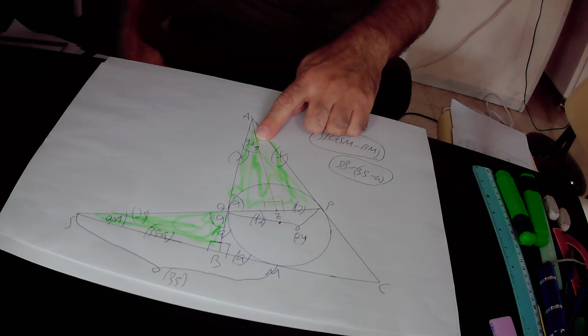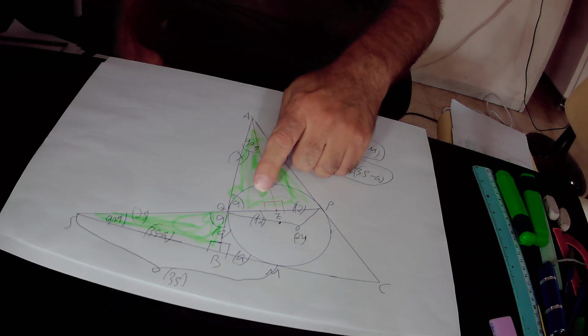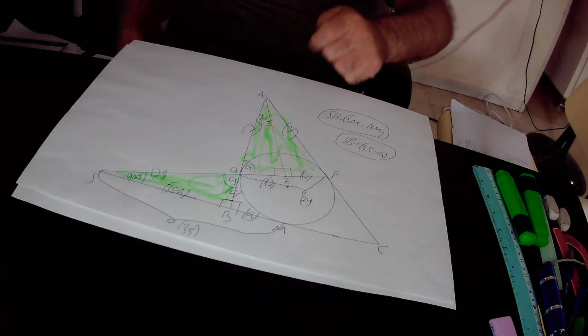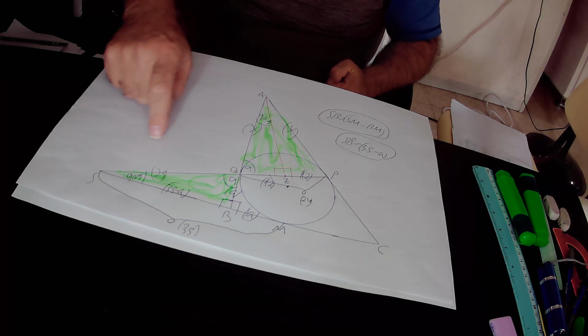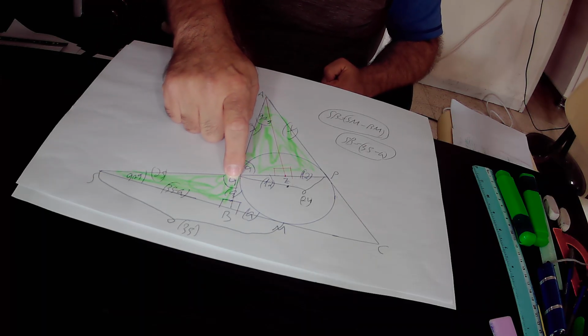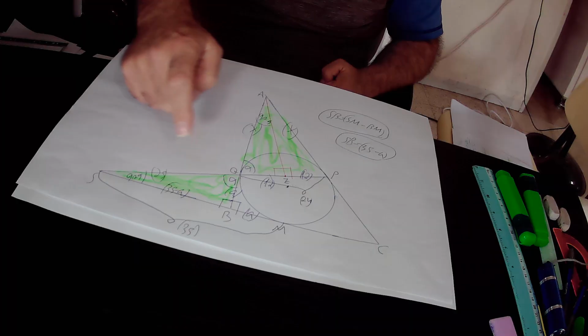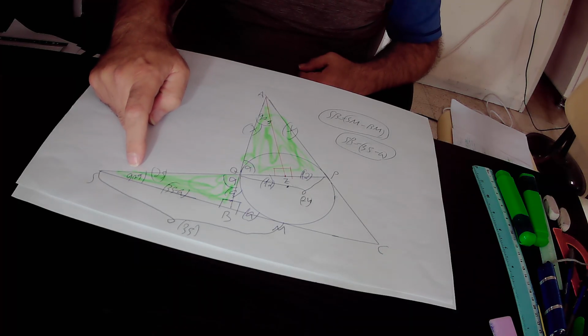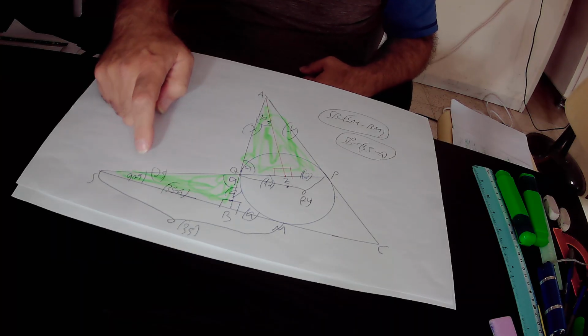Why? Because 90 degrees minus alpha plus alpha is 90 degrees, and 90 plus 90 is 180 degrees, the sum of the angles in any triangle. Likewise, in this small triangle SQV, this angle equals alpha, this angle equals 90 degrees, and therefore this first angle must equal 90 degrees minus alpha, according to the rule that the sum of the angles in any triangle is 180 degrees.